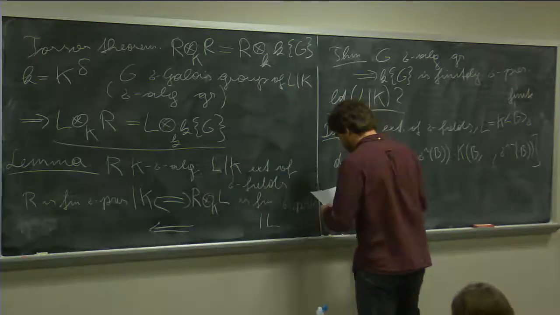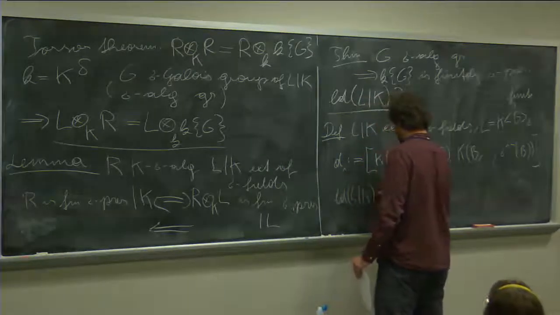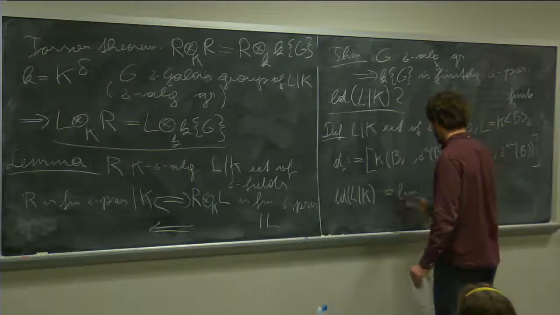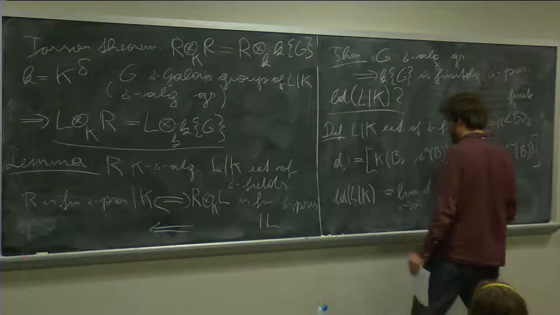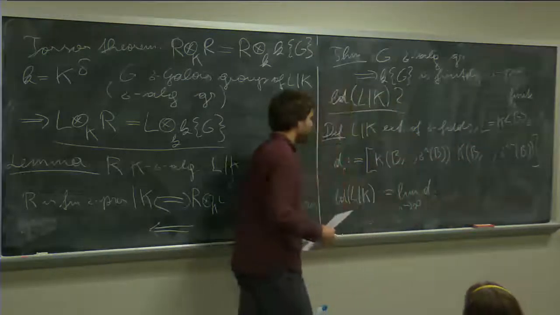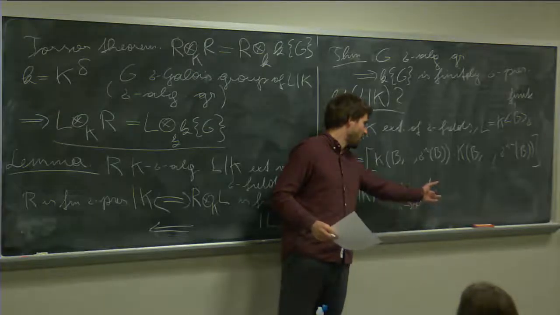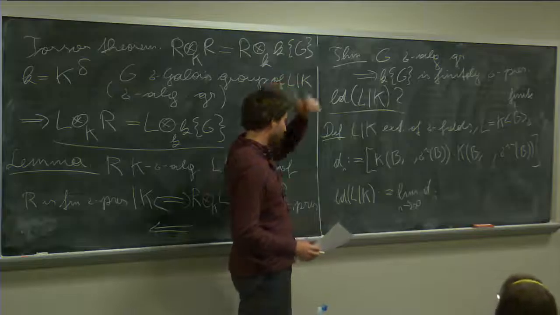And then one can show that if you take the limit as i goes to infinity of these integers, well, first of all, you can show that this limit exists. So it's either infinite or a positive integer.